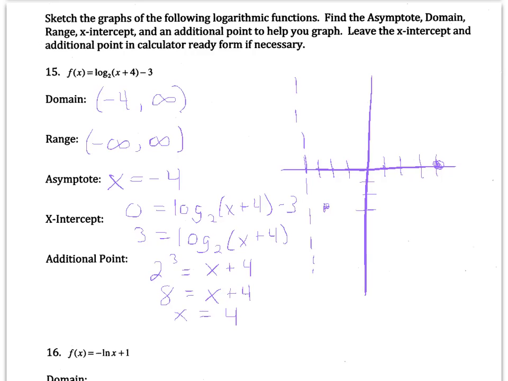So my additional point is at -3, -3. And you always can find that using your shifts. So my logarithm graph is going to look like that.